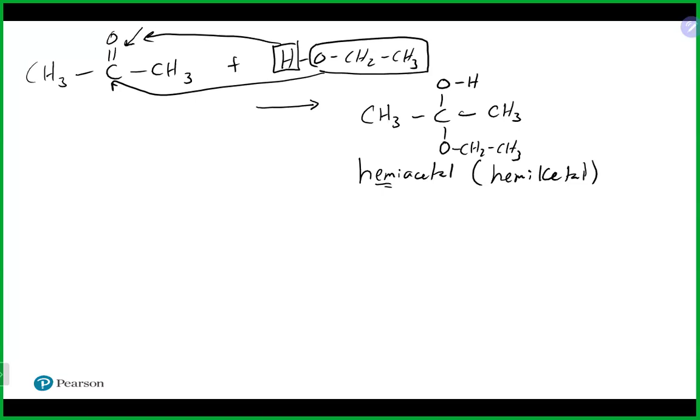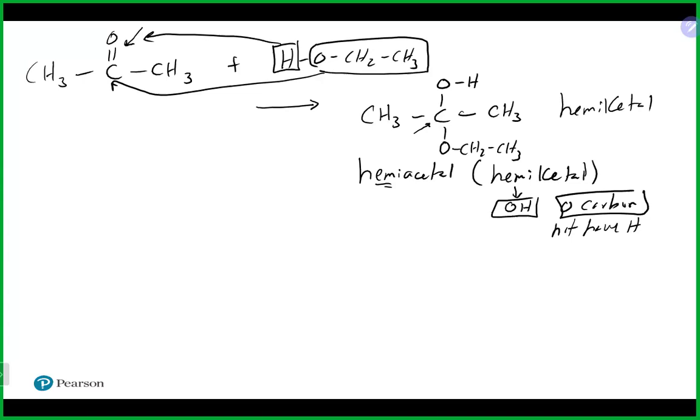And the difference here is, a hemiacetal or hemiketal will have an OH group, will have that oxygen carbon group that comes from the alcohol, and it will not have a hydrogen. Because this originated as a ketone, it doesn't have that hydrogen on that carbon, so it won't have that hydrogen there in a hemiketal. I'd say most people still probably call it a hemiketal.